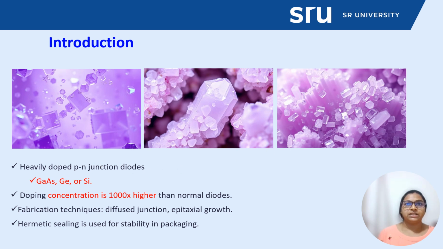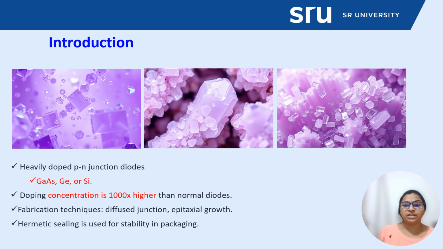It is basically a very heavily doped PN junction diode, made in general of gallium arsenide, germanium or silicon. The doping concentration during manufacturing is very high; compared to a normal diode, it is more than 1,000 times higher.